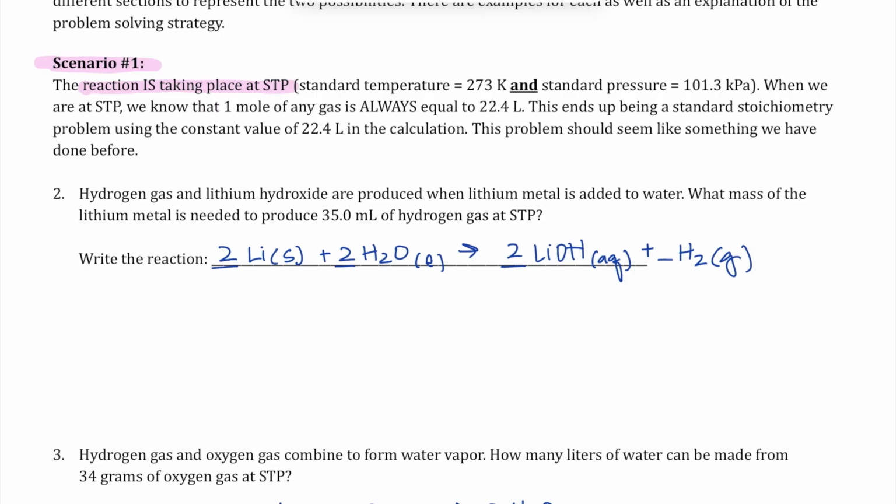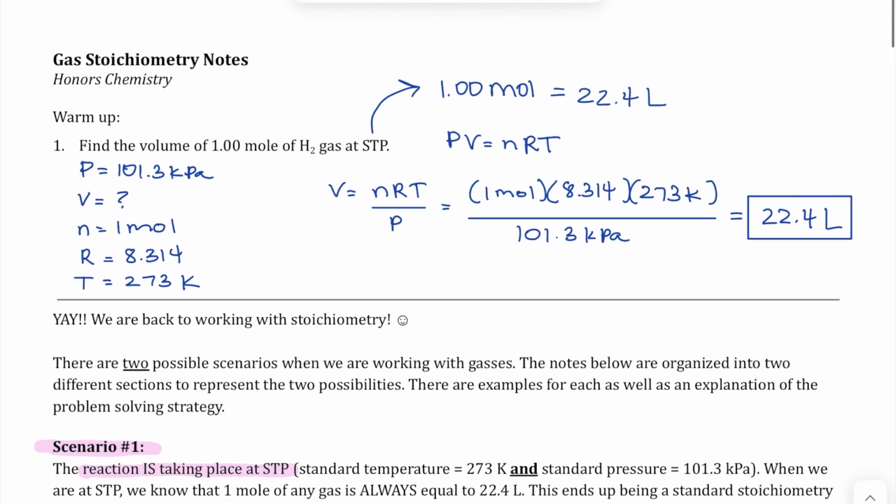So if we know both of those things, then we are always going to know this relationship: 1 mole is 22.4 liters. And so that's going to join our other relationships we have. We know that 1 mole equals the molar mass in grams for any given chemical.